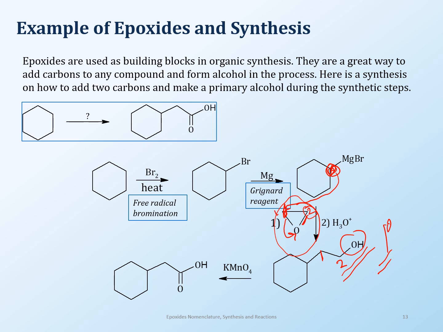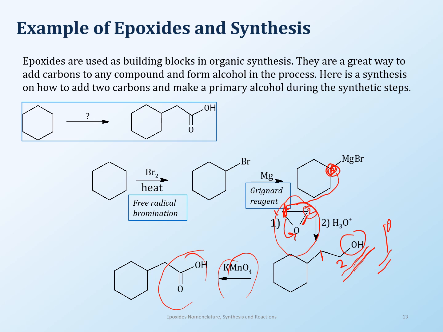That's just a sidetrack, but it's an interesting thing because when you're doing synthesis, it's a good way to add 2 carbons and a primary alcohol. Anyway, the last step is an easy step, KMnO4, which is just oxidizing the alcohol to give you a carboxylic acid.